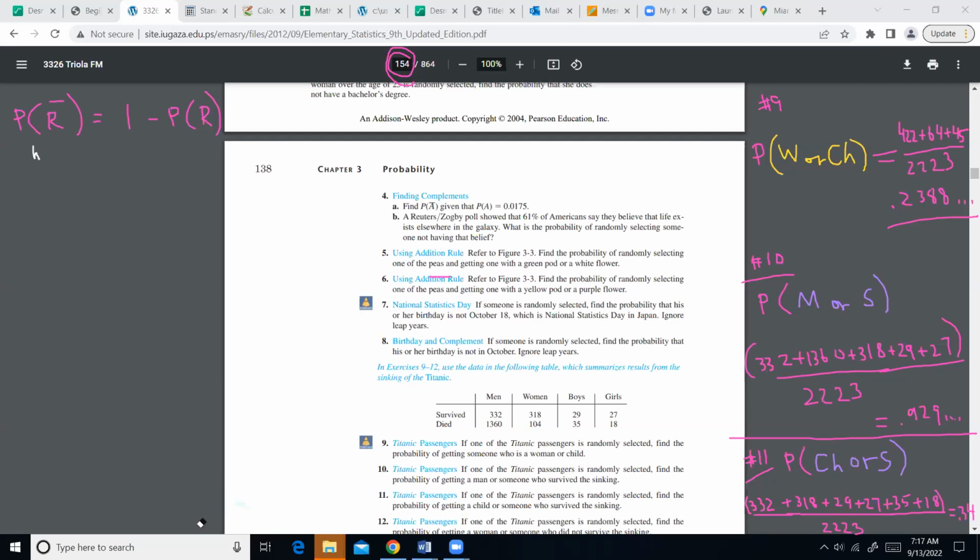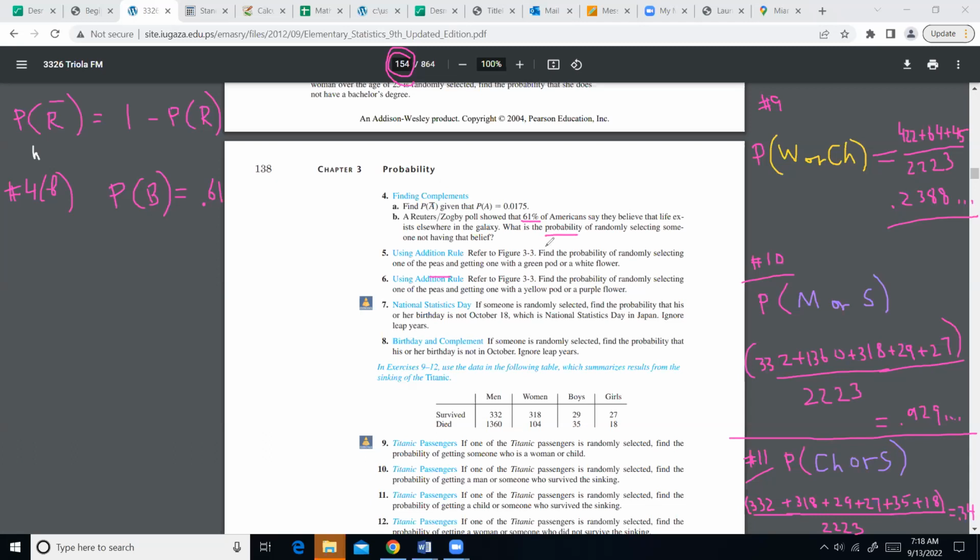So part B of exercise 4 says, if 61% of Americans, so if the probability that someone believes, so put B, is 61%, well, we put it as 0.61, right? Always turn to decimals. That there is life somewhere else.